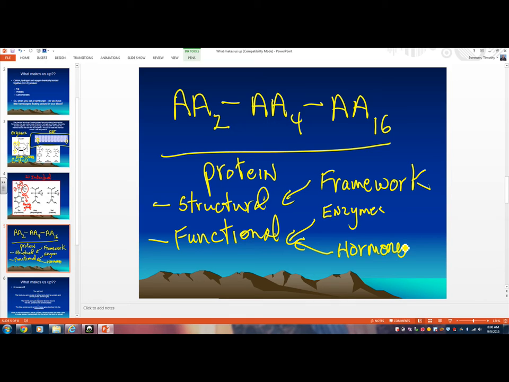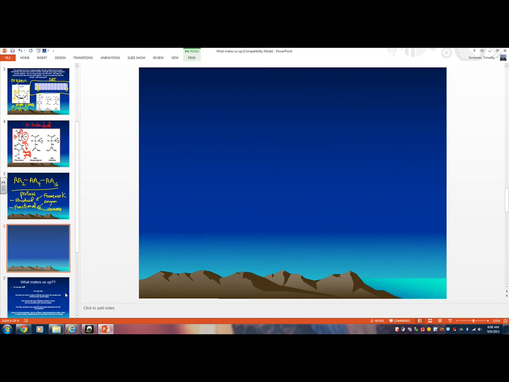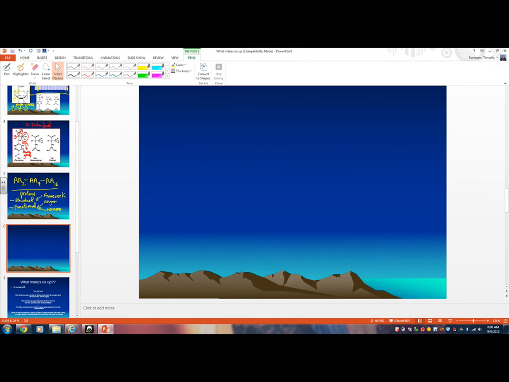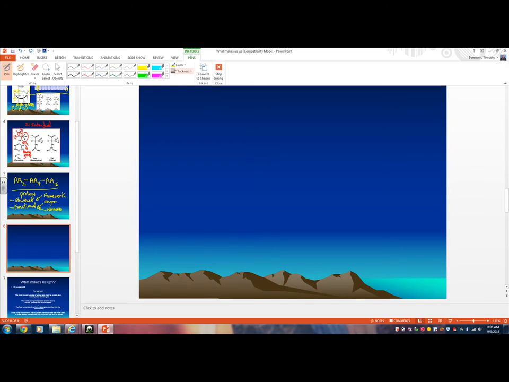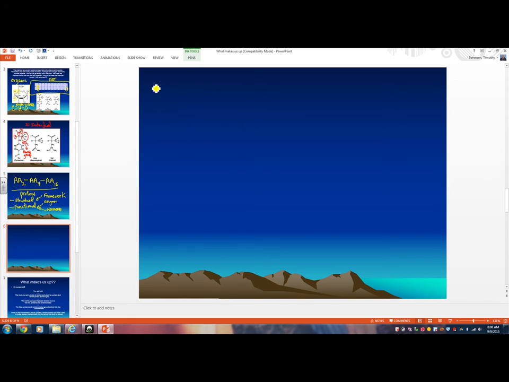So let's talk about those guys, the functional proteins, the ones that make the stuff happen in your body. By the way, without these functional proteins, these enzymes, you wouldn't be around very long. So again, enzymes are proteins. And again, proteins are made of amino acids chemically bonded together.